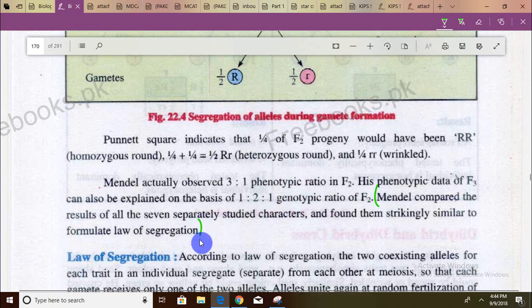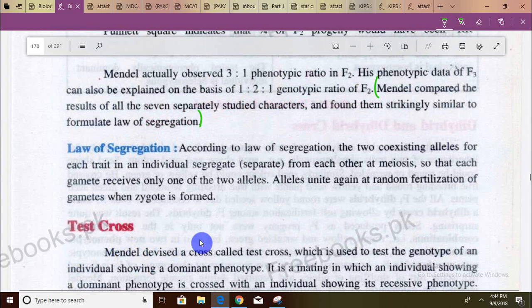The two coexisting alleles for each trait in an individual segregate from each other at meiosis. Each gamete receives only one of the two alleles. Alleles unite again at random fertilization of gametes when the zygote is restored.